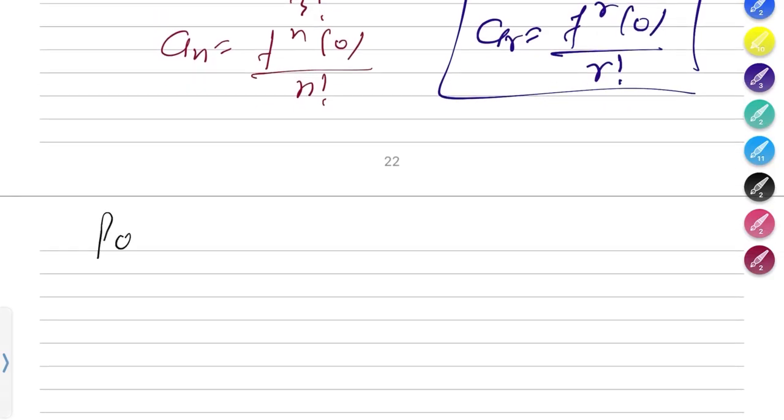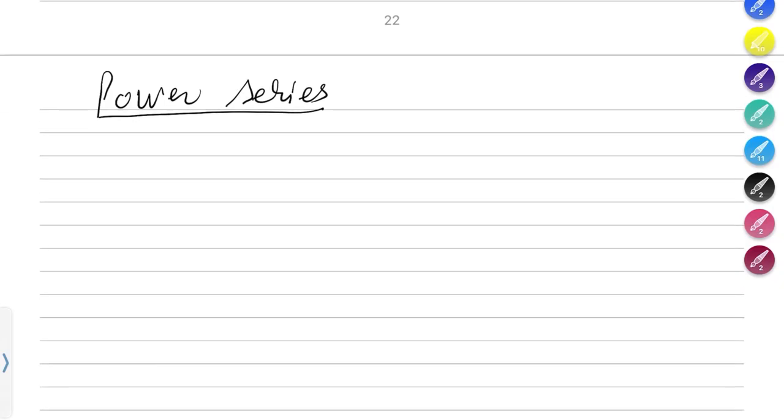Next we'll talk about the power series. What is the power series? Power series is nothing but the extension, the infinite term, of the polynomial series. So power series is nothing but the infinite series. Since it is the extension of the polynomial series, it should fulfill the condition for the polynomial.